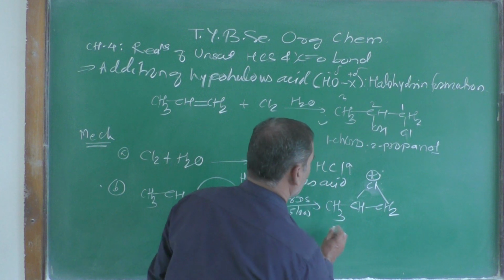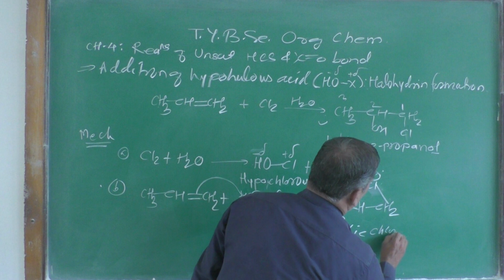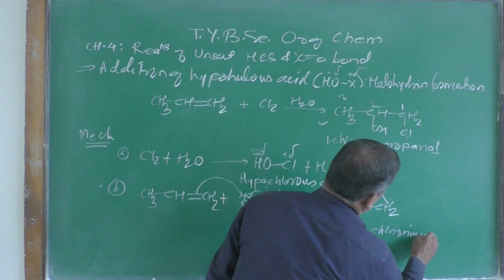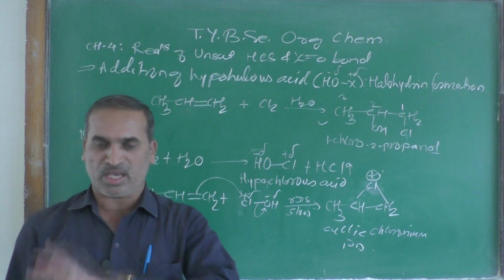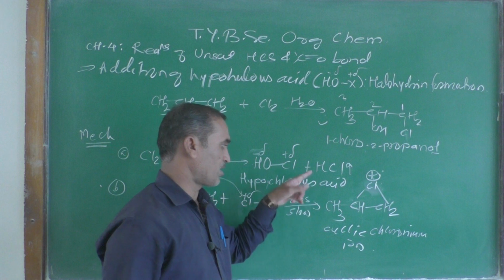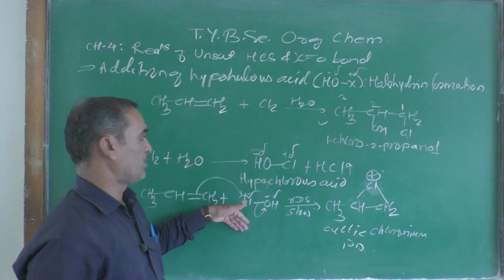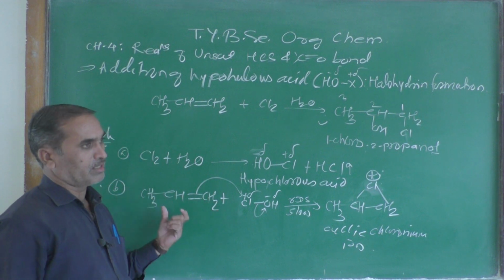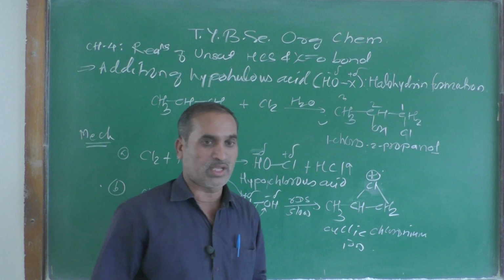This is called a cyclic chloronium ion. In the previous case, we just saw a carbonium ion, but actually what scientists found is that when hypohalous acid reacts with an alkene, they form the cyclic chloronium ion.